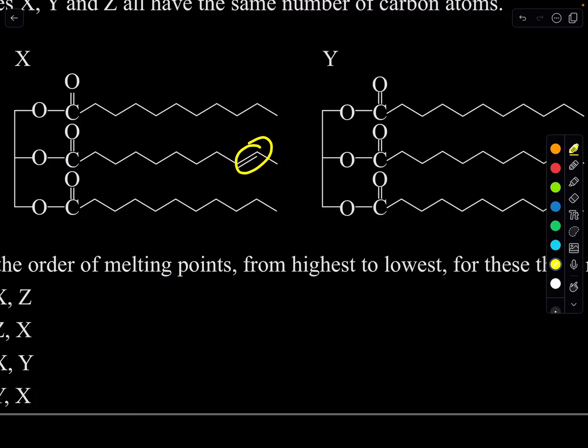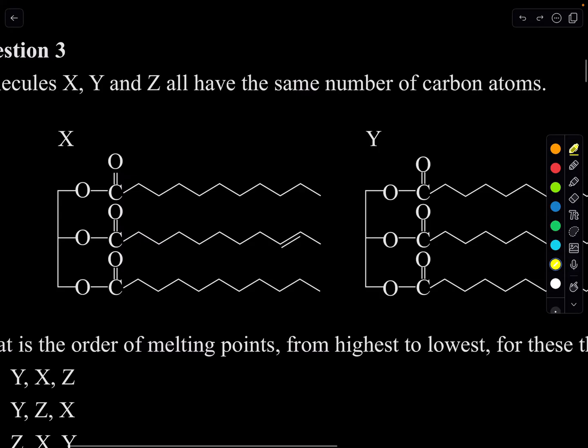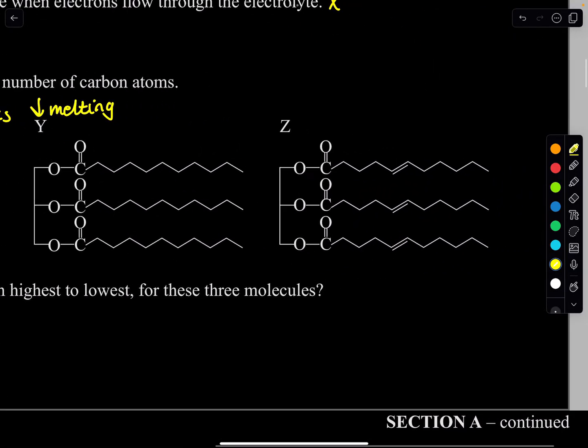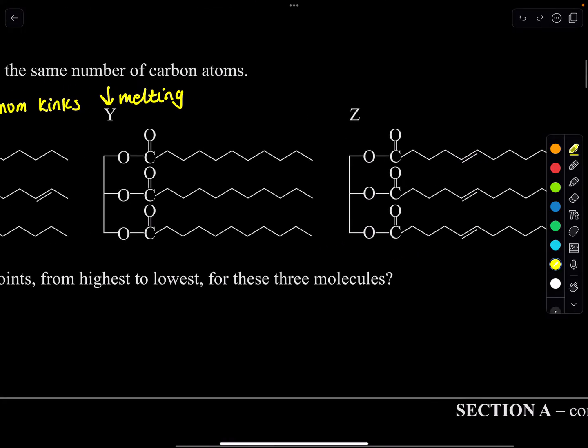So the intermolecular forces are weaker. Having kinks is a big problem. If you have a high number of kinks, your melting point goes very low because your intermolecular forces are weaker. The one with the most kinks is this one, with 3 kinks, so it is going to be the lowest.